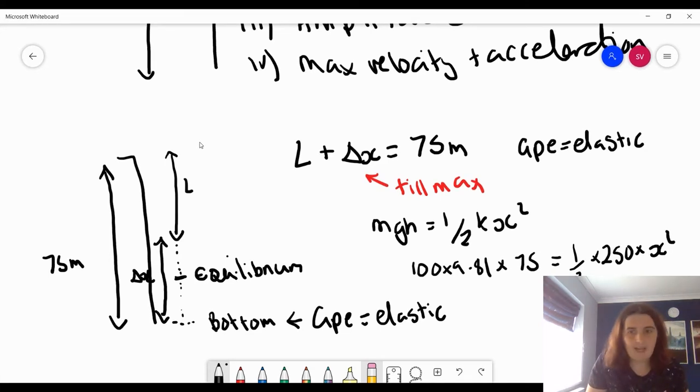So that's going to be 73575 equals a half, 250 times x squared. x squared equals, times by 2 divided by 250, x squared is 588.6, and square root that, you get x.